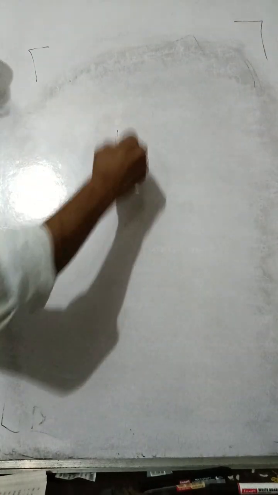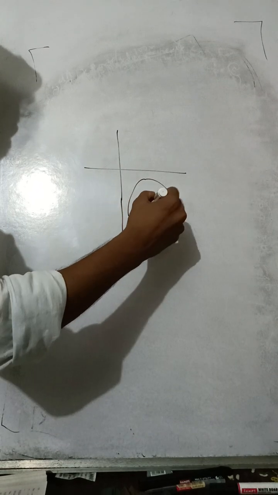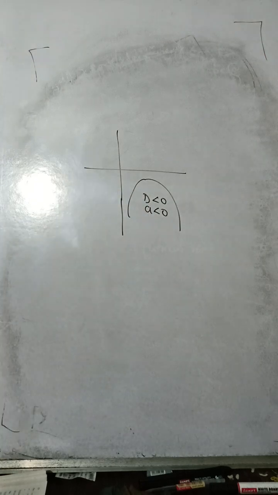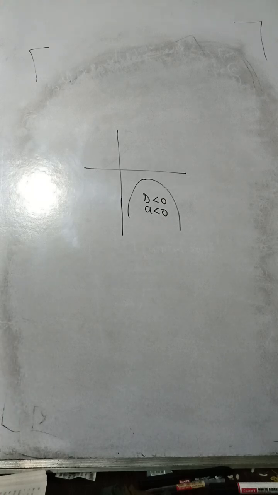Another thing I should have discussed, that is, suppose our curve is something like this, right? So a is negative here and D is also negative. Why is D negative? Because we have no real roots. So D is negative, and a is also negative since it is a sad curve. Okay.